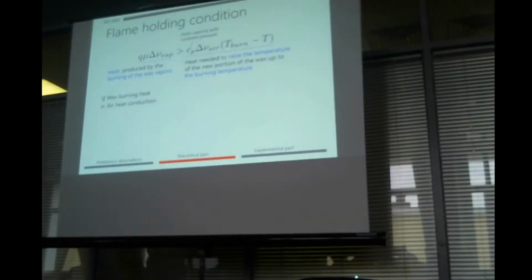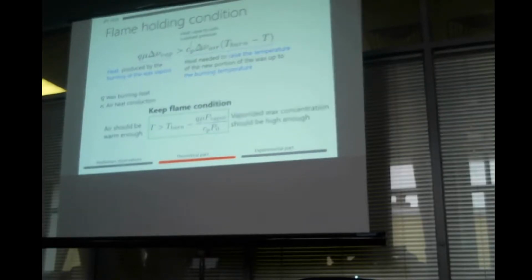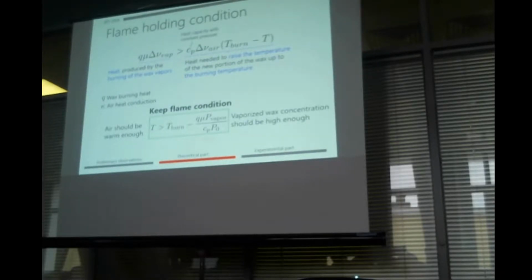And this condition we can obtain from the consideration that the heat produced by the burning of the wax vapor should exceed the heat needed to raise the temperature of the new portion of the wax up to the burning temperature. And so we obtain the combined condition on the temperature and the concentration of the wax.